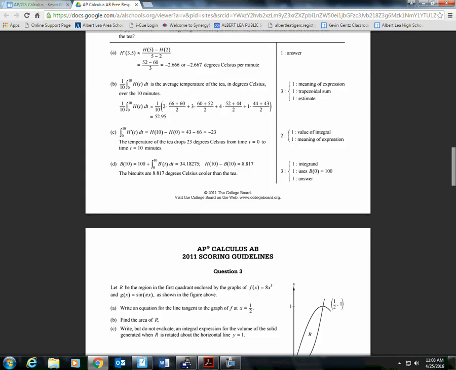The value of the integral coming up with negative 23 for part C is 1 point. And translating the meaning of the expression is another point. And part D, 1 for the integral. You notice we set that up correctly. And then at some point you have to acknowledge the initial condition of 100 because it starts there, and then 1 for your answer. The biscuits are 8.817 degrees.